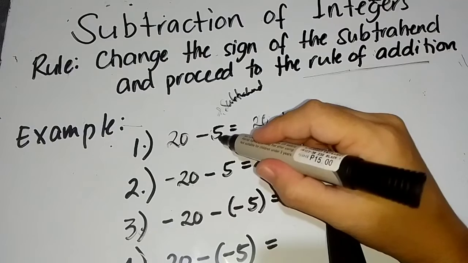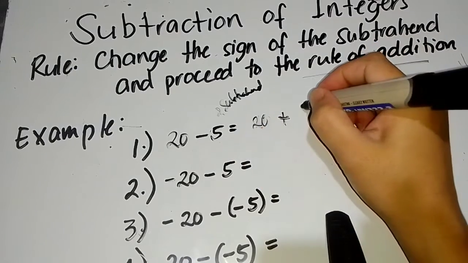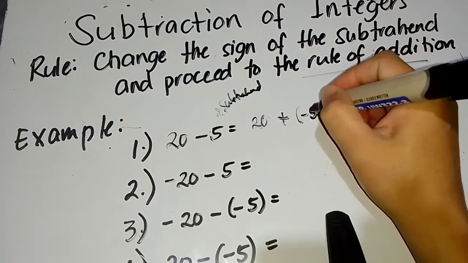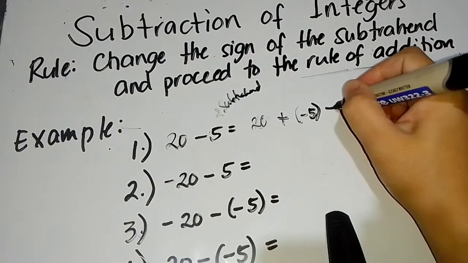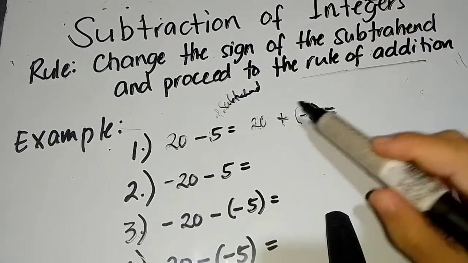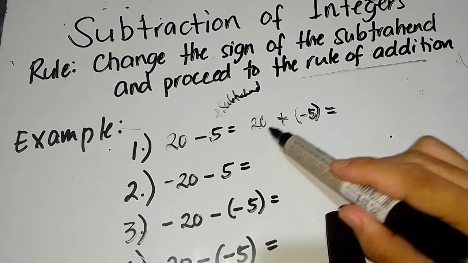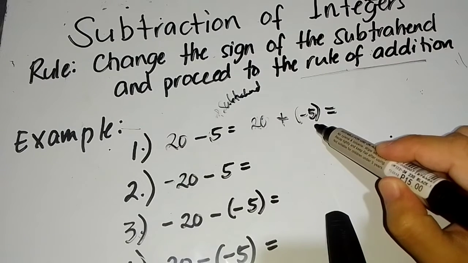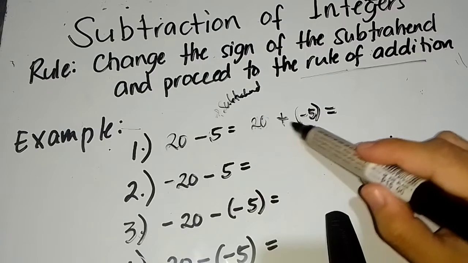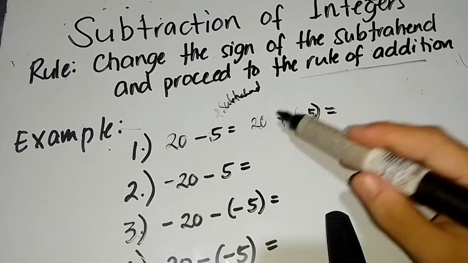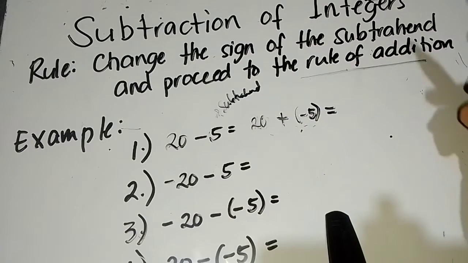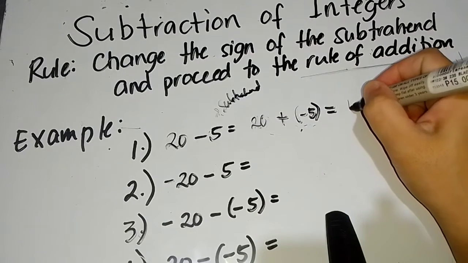Then, change the sign of your positive 5 into negative. So, therefore, we have 20 plus negative 5. Adding unlike signs, so we are going to subtract. 20 minus 5 is 15.